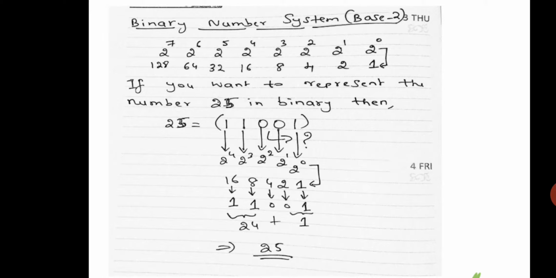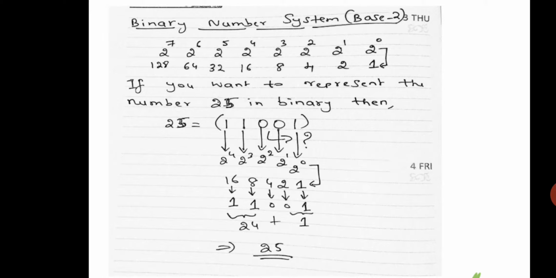That is the reason why I have put 0 below the 2 to the power 2, and 0 below the 2 to the power 1, but I have put 1 below the 2 to the power 0. Why? I need 1. I already got 24 and I have to add one more to make it 25, isn't it? That is the reason why I put 1 below the 2 to the power 0 position.